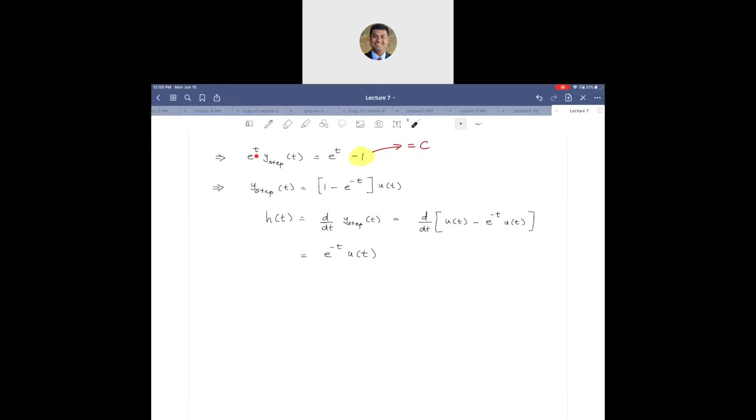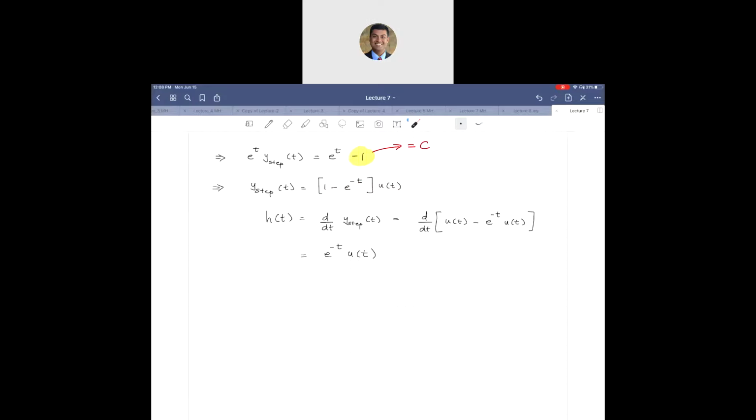E raised to t appears here, e raised to t appears here, so you can combine them to write y step of t, and you can introduce back your unit step, because now you can say for time less than 0 it is 0, and for time greater than 0 it becomes a 1. By rearranging the terms, you can write y step of t as 1 minus e to the negative t, times u of t.